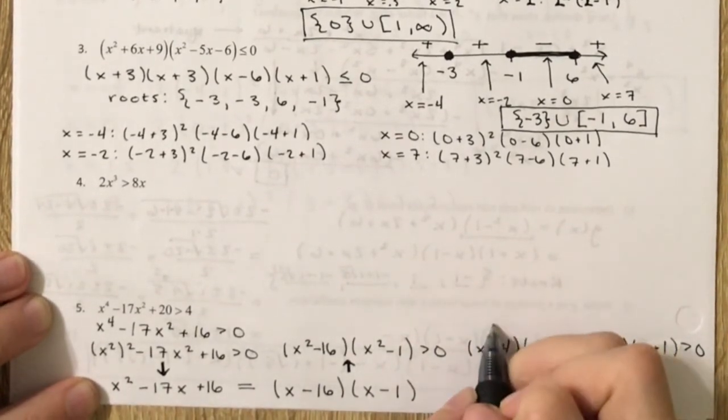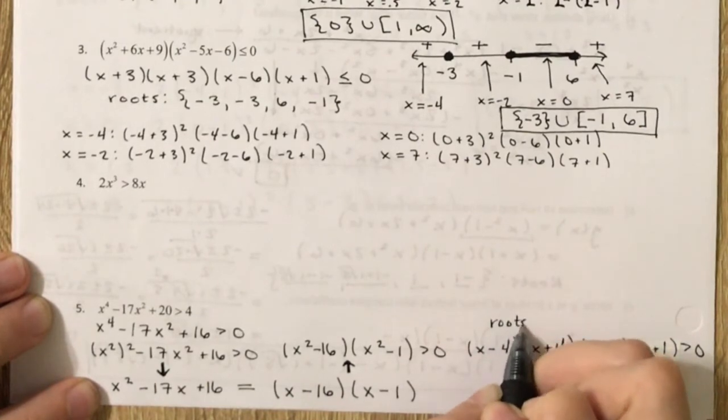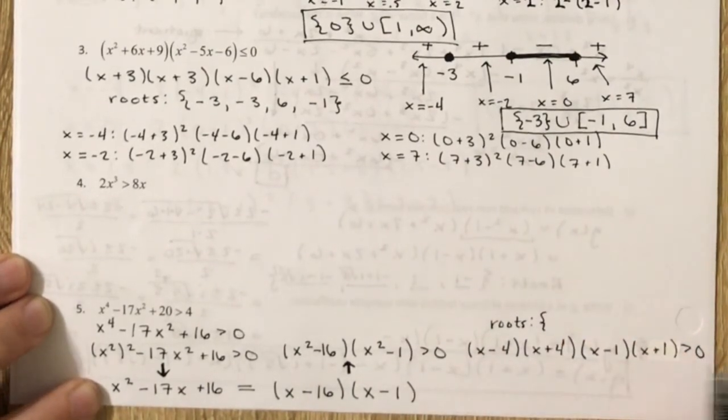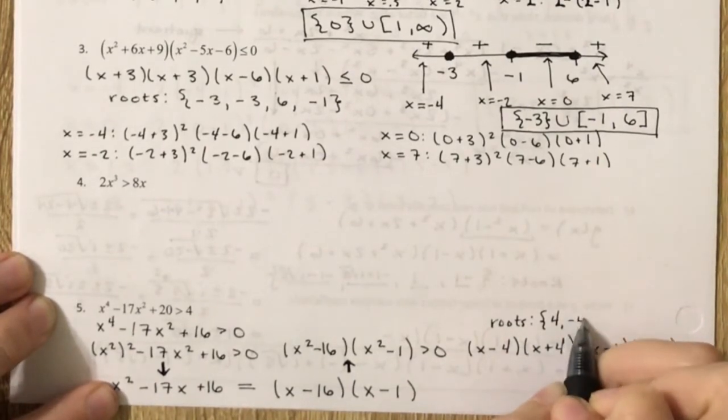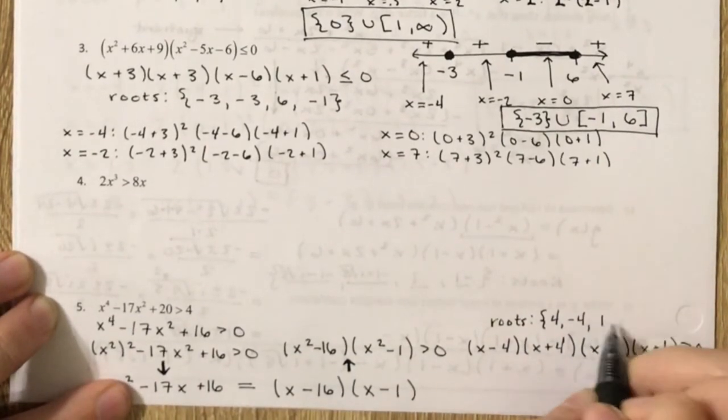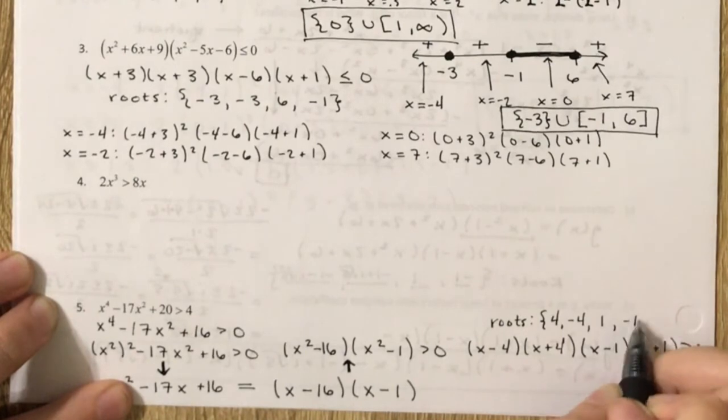Which means that I have what roots? Well, positive 4, negative 4, positive 1, and negative 1.